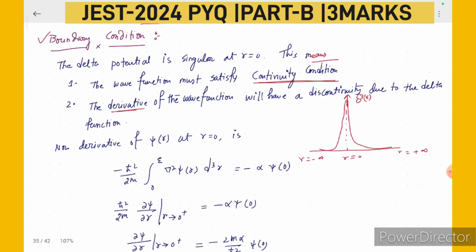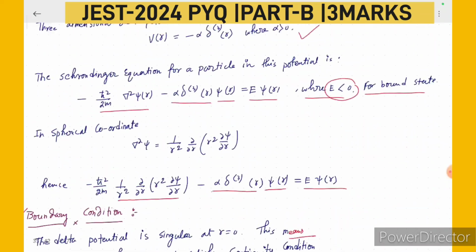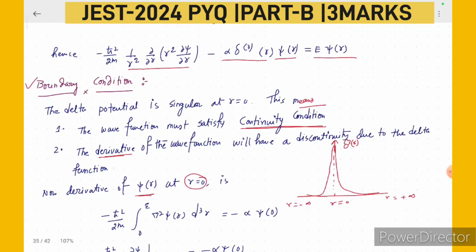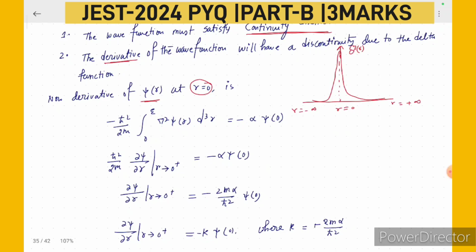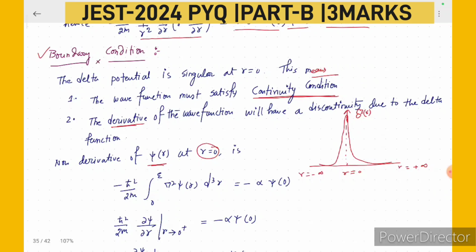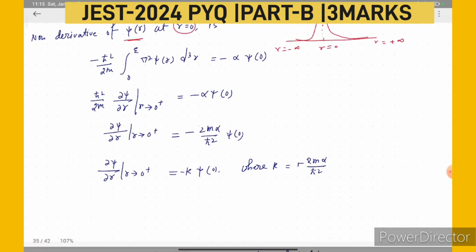Now we calculate the derivative at r equals 0. To get the derivative of psi of r, we integrate the Schrodinger equation. The integration of the Schrodinger equation gives minus h cut square upon 2m, integral from 0 to a small quantity of grad square psi of r, minus alpha psi of 0, where alpha is a constant, so don't worry about alpha.